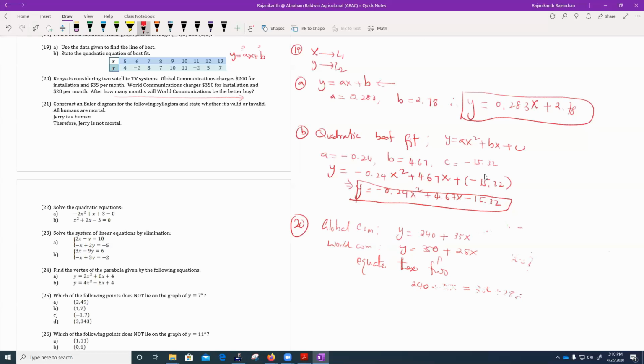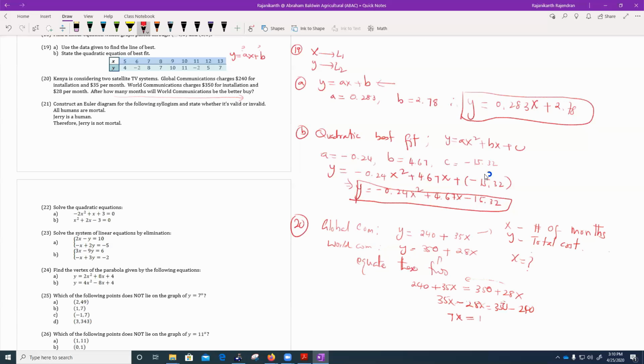So here x stands for the number of months and y stands for the total cost. So we are asked to find x. I'm solving for x. So 35x, move 28x to the other side, so it is negative 28x. This side is 350 minus 240. Then 35 minus 28 is, oh sorry, 7x.